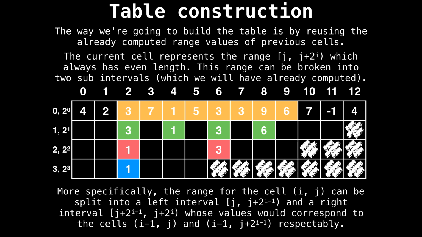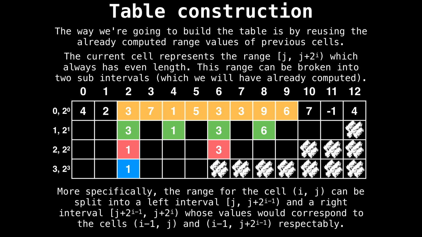The way we're going to build the table is by reusing already computed range values of previous cells. We know that the current cell at position i, j represents the interval from j to j plus 2 to the i non-inclusive in the original input array.